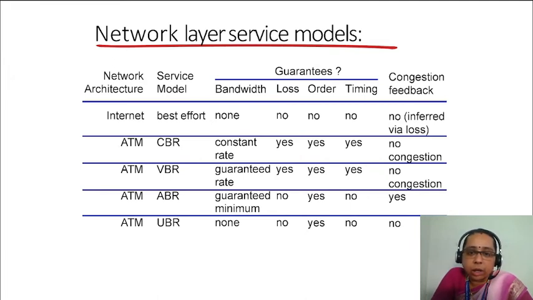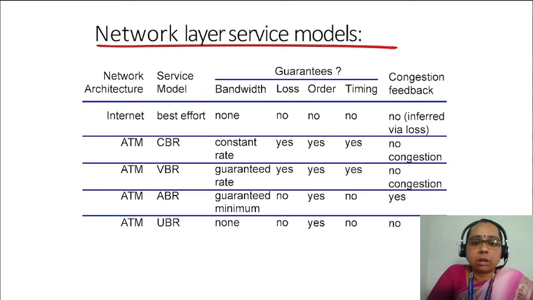Then loss and order: whether we give a prioritized order or use a queuing method, and based on that, whether order is required or not. The next parameter is timing, which is based on how much bandwidth is consumed. Then congestion feedback, whether congestion has occurred or not.